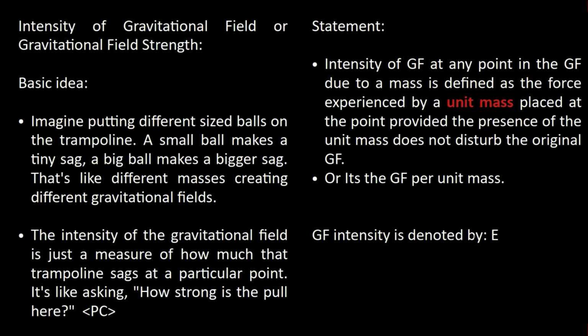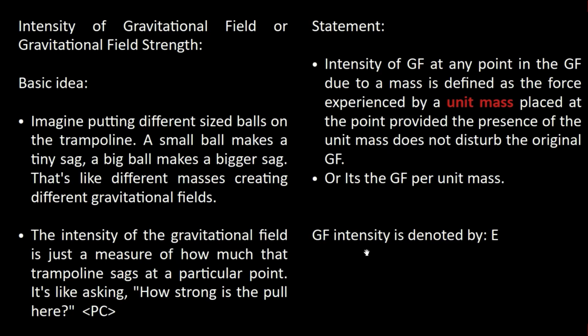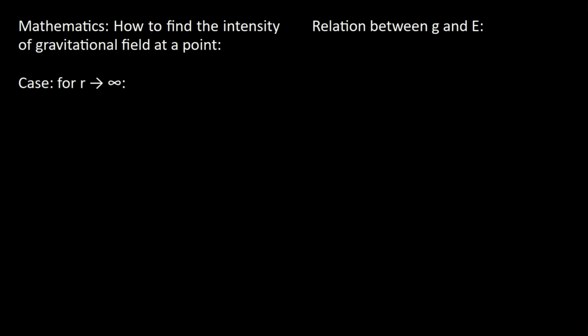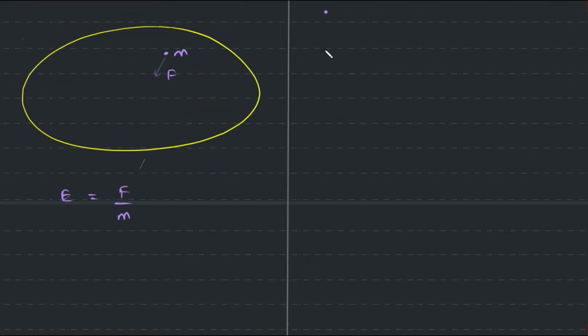This is denoted with E. And what else? Mathematically, how do we find the intensity of gravitational field at a point? Let's have a look at this now.